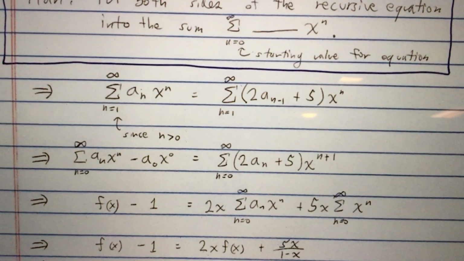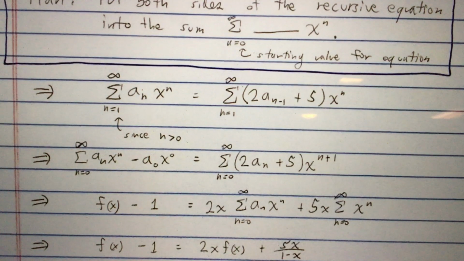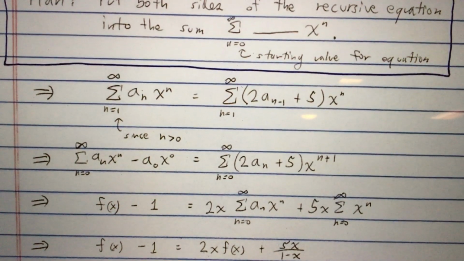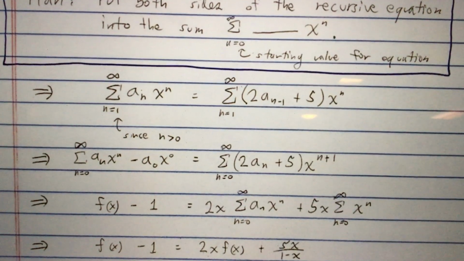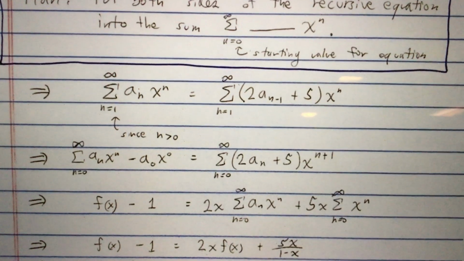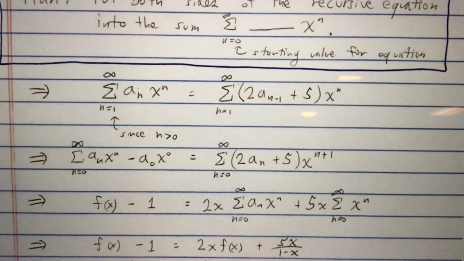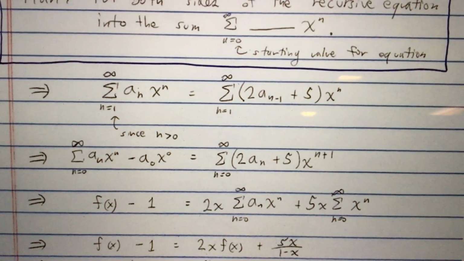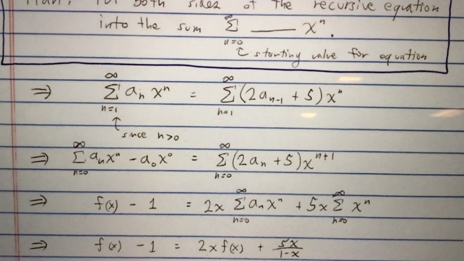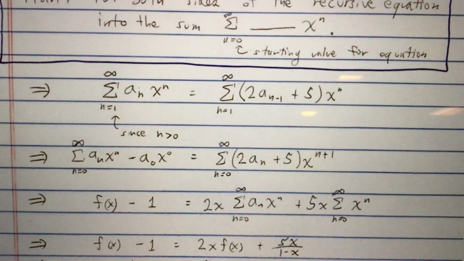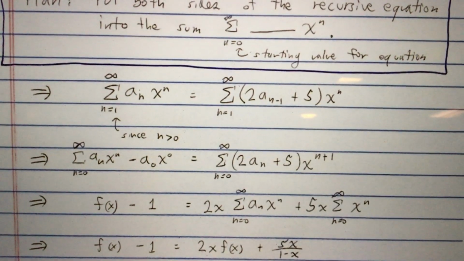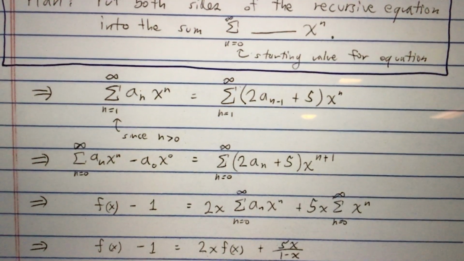On the right-hand side, I see some simple algebra that I can do. First of all, I can distribute x to the n plus 1 into those parentheses. And second, I can pull out an x. All right, I definitely did a couple of steps in one go here, so I would suggest taking what I wrote there on the third line and making sure that you agree it's the same as the right-hand side above it.